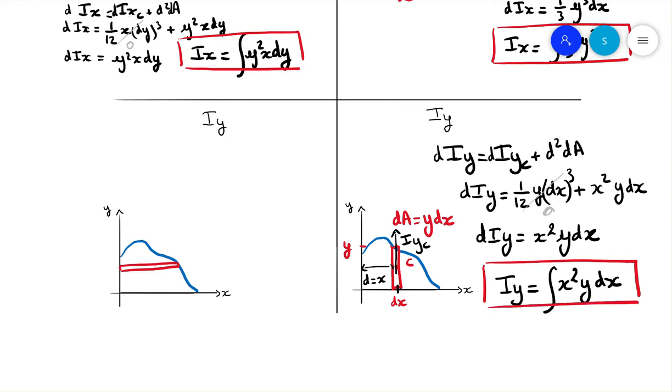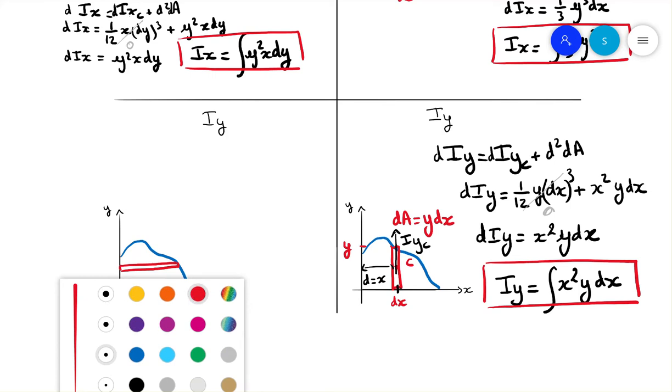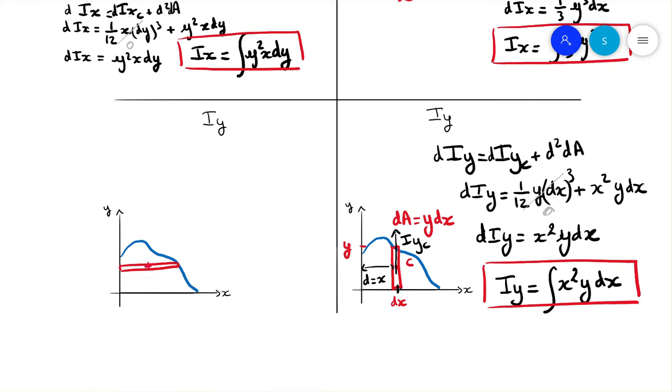And now if we try to find Iy with horizontal stripes. Okay, so dA, in this case, this is x, this is a little dy. So dA is equal to x dy. And I will use the y at c, at the centroid c.